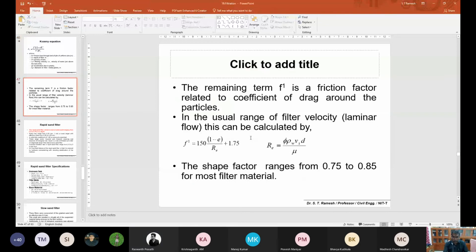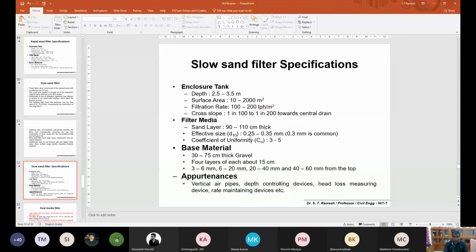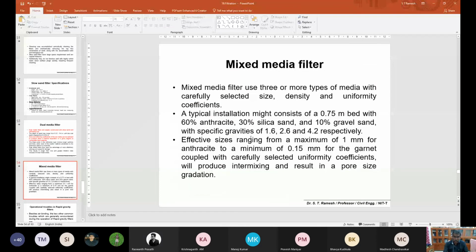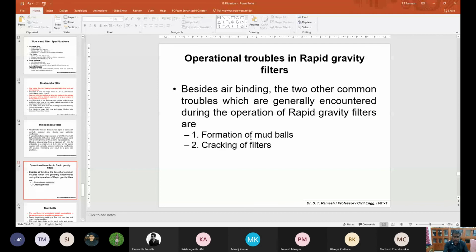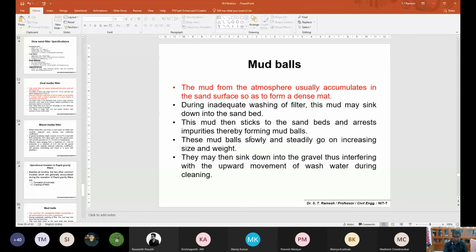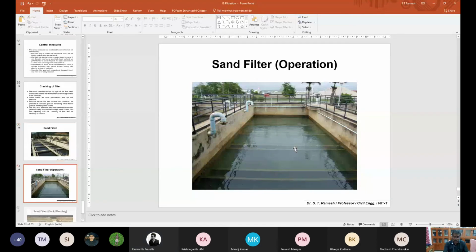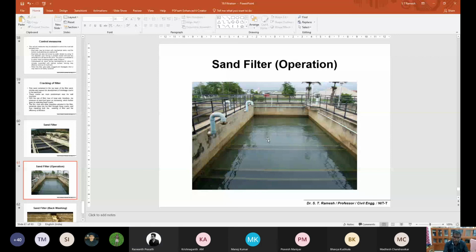And some more specifications with respect to rapid sand filters and slow sand filters, single, dual, and mixed media filters, and the different operating difficulties in the filtration operation, and how a typical sand filter during operation will look. Now you could understand better, I guess.